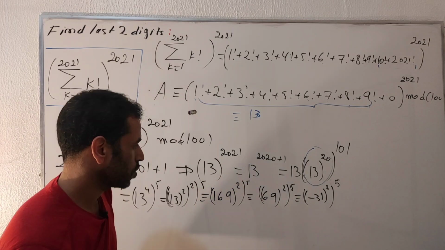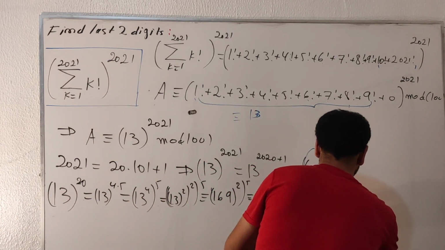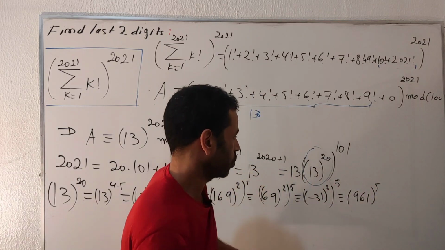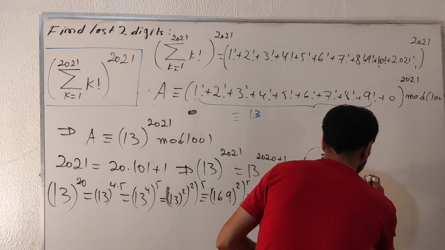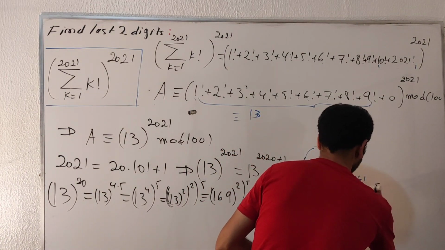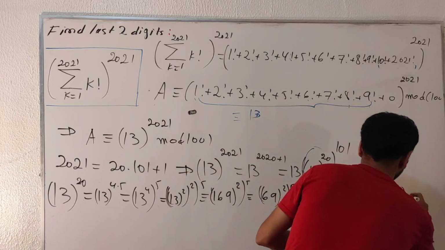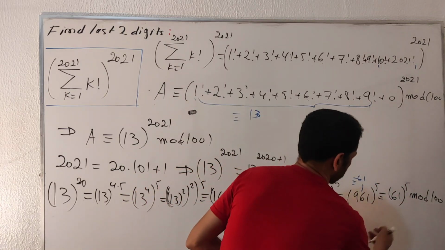With this square, we know 31 squared is 961, all to the 5. When we reduce this to mod 100, you get 61 as a remainder. So I get here 61, all to the 5, mod 100.